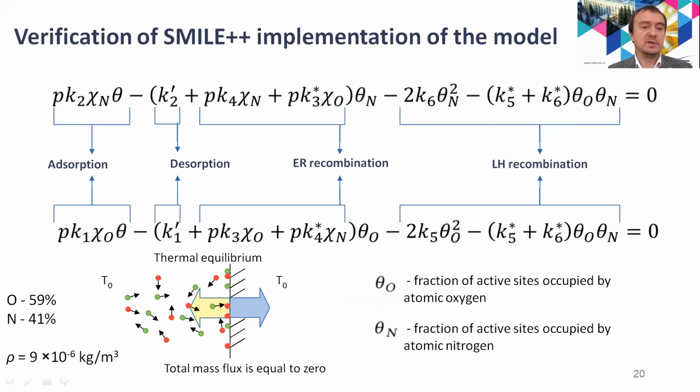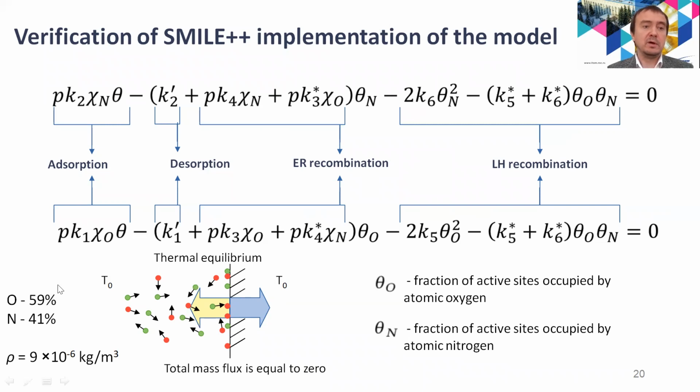The density is really low, which is typical for high altitude aerothermodynamics, and the temperature of this atomic gas is equal to the temperature of the wall. And in fact, we have such a thermal flow of atomic species to the wall, and the flow of reflected molecular species from the wall, which don't interact with each other.